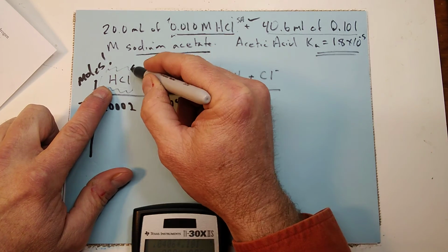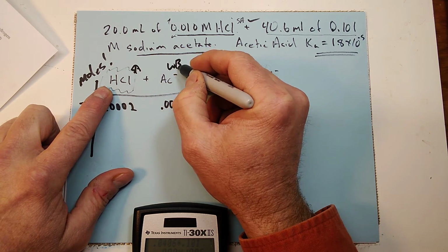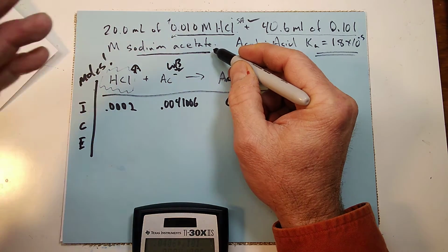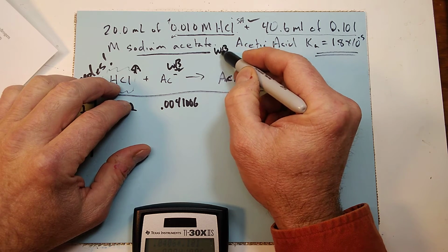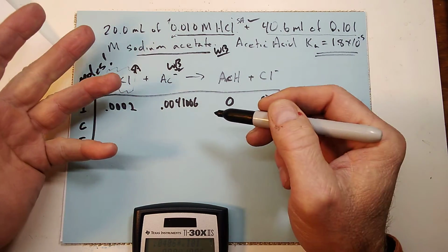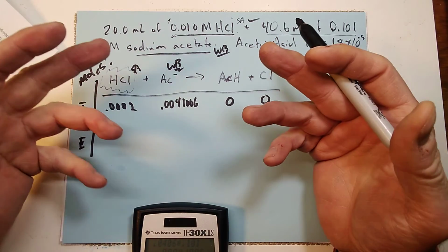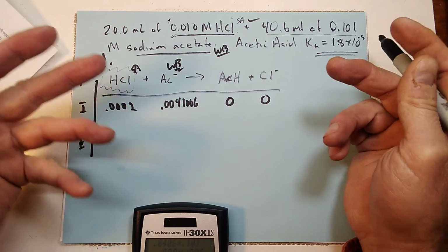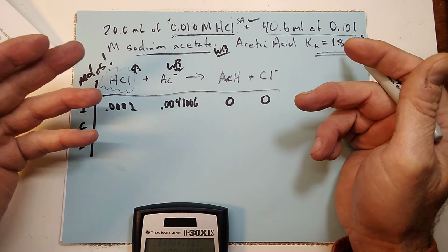Strong acid, weak base. It sometimes helps to tag these. If you're not sure, you can look it up, but tagging, if you have a buffer, what is the weak acid, what is the weak base, helps you know what to pull into your ICE table. Because with buffers, you'll make a decision which one reacts with the boom.